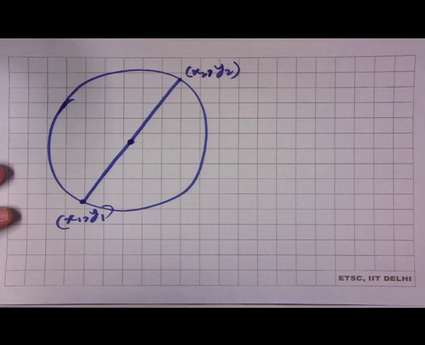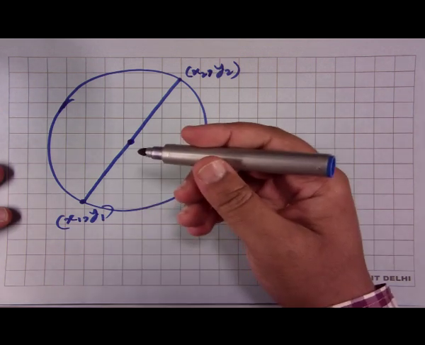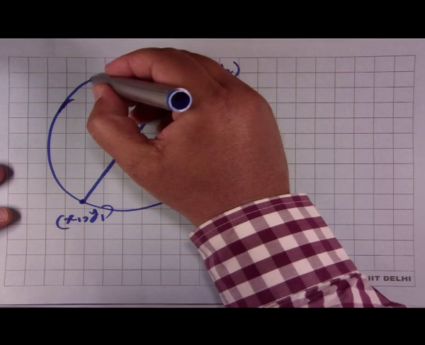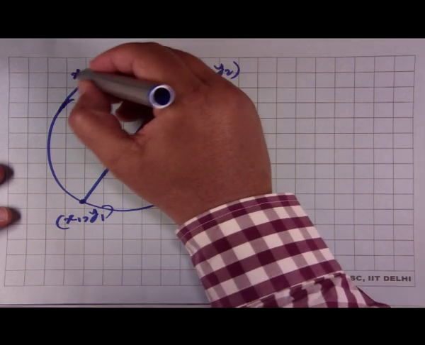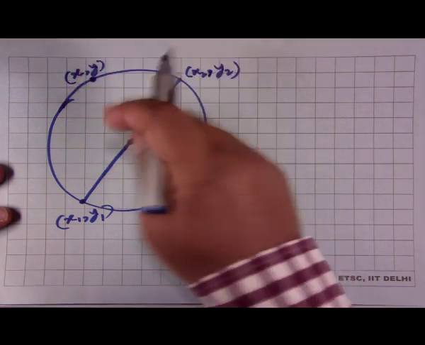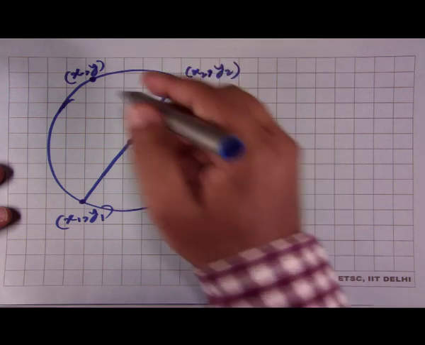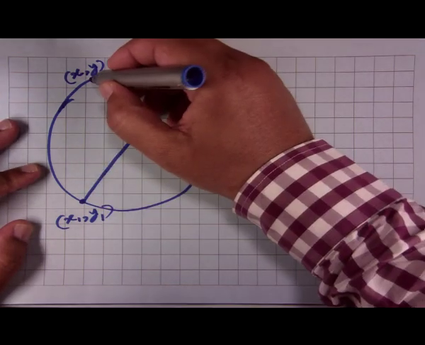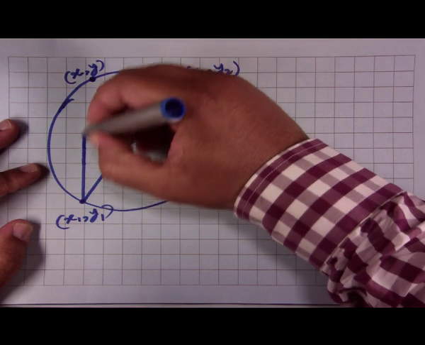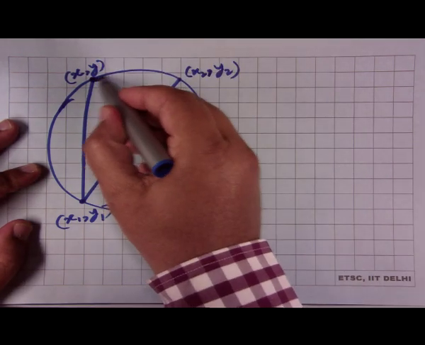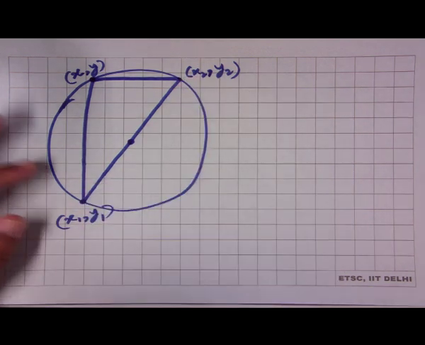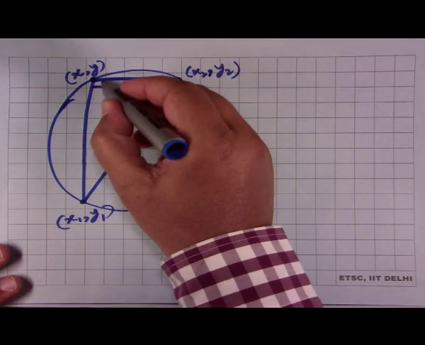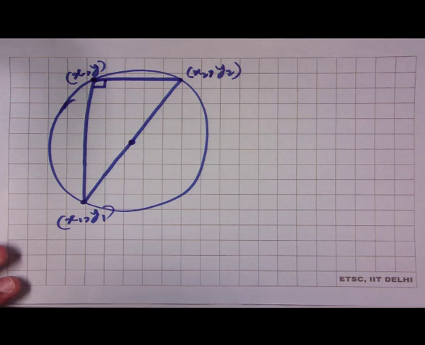So, one way to do that is, if we again go to our high school geometry, then we know that if we have any point xy on the circle, on the circumference of the circle, and if we connect this point to the two end points of this diameter, then we know that this angle here is always 90 degrees.